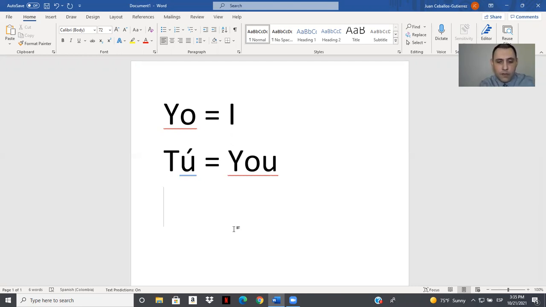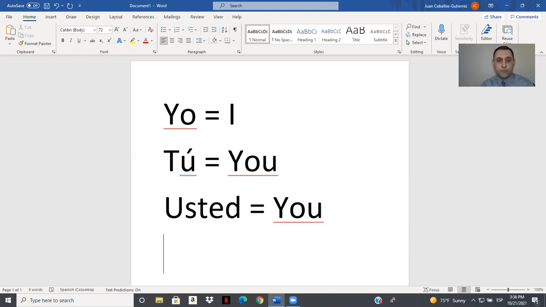But it's very difficult to know the customs of every country. So if you don't know the customs, just use usted, and people will tell you if they prefer tú or usted. Usted is also you, but this one is formal. It is used with people you don't know, at a professional level and so on.